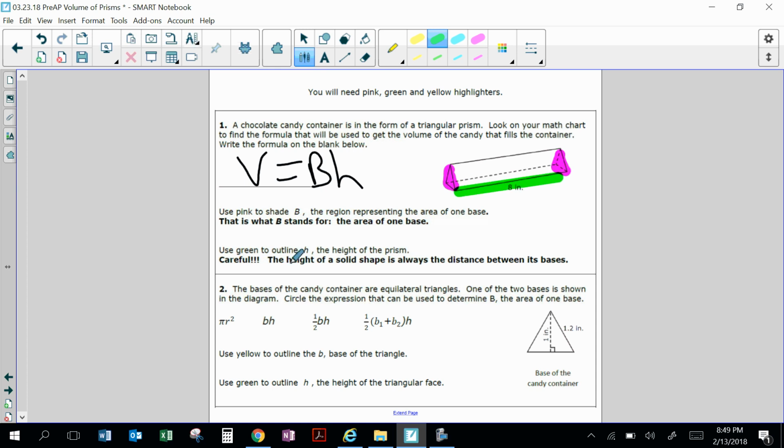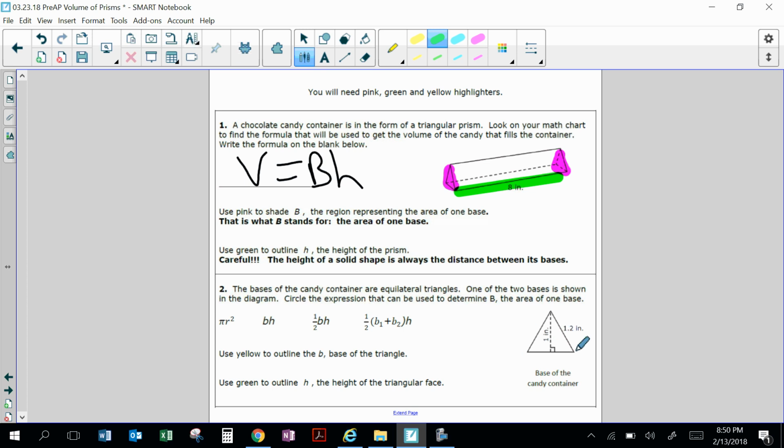Now use green to outline H, the height of the prism. The height of the prism of a solid shape is always the distance between its bases. So the bases are at the ends. The height connects the two bases. The bases of the candy container are equilateral triangles. One of the two bases is shown in the diagram. It's right here. Circle the expression that can be used to find big B, the area of one base.